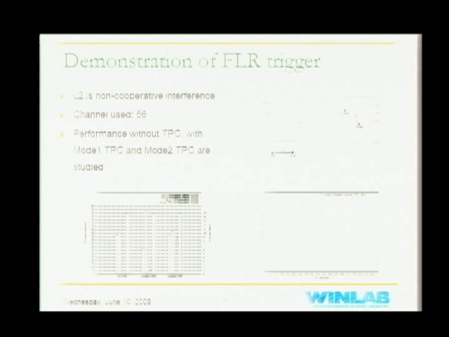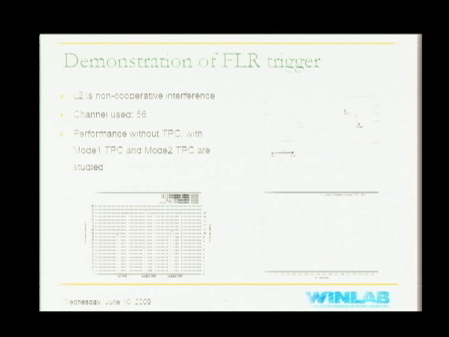Okay, this is the final experiment, which demonstrates the use of the frame loss rate trigger in the presence of either cooperative or non-cooperative interference. Say link 1 here is the link of interest and link 2 is the interfering pair. It always operates at maximum power.